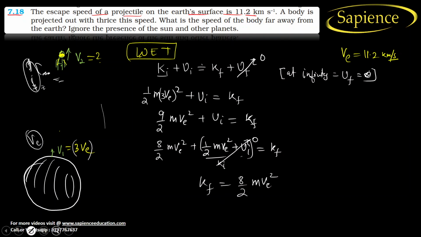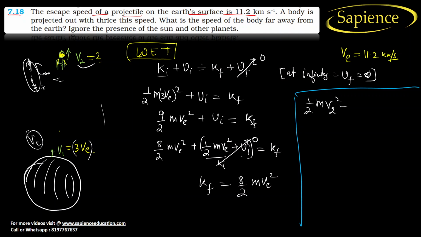Now we need to solve it. The final kinetic energy is half into mass into v2 square, and this is equal to 8 by 2 into m into ve whole square. So you can cancel the common terms, and v2 is equal to root under 8 ve whole square.